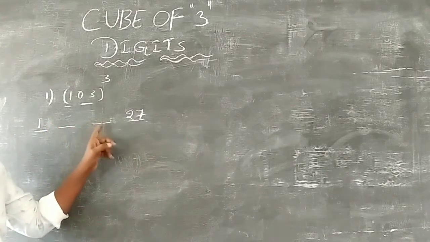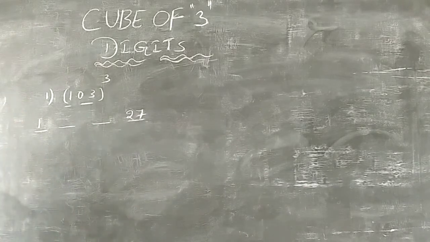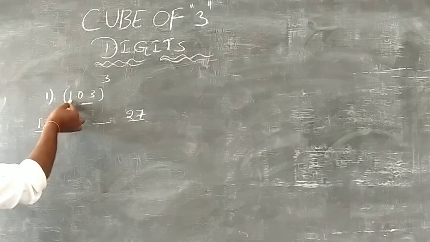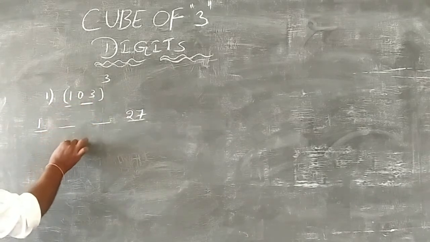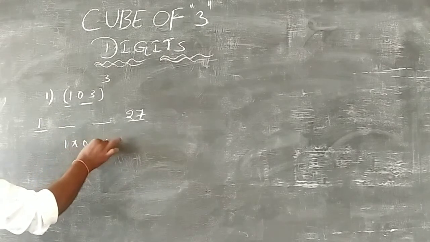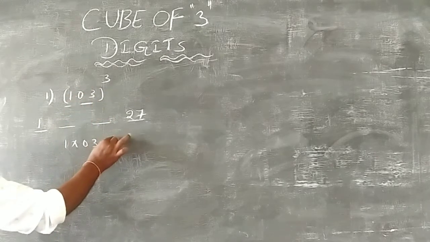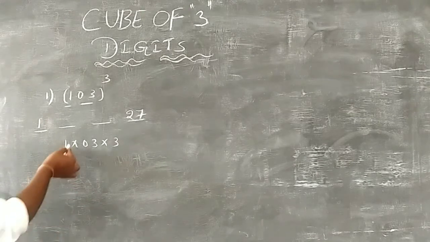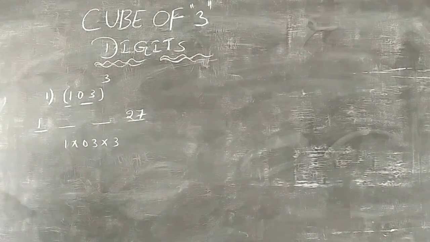In each dash we should write only 2 digits. Next, 1 into 03 into 3.